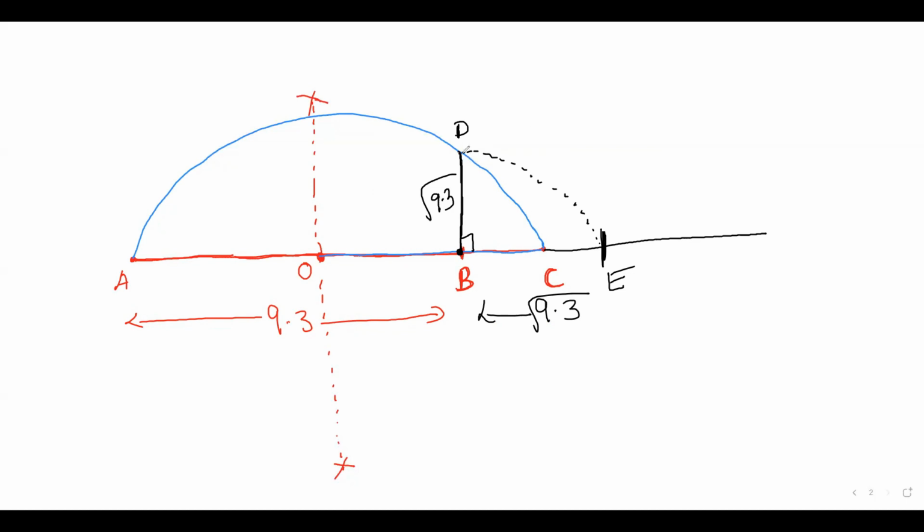Please note that BD is not just 9.3, it is square root of 9.3. So on the number line you will get BE. BE is square root of 9.3. So we have located square root of 9.3 on the number line.